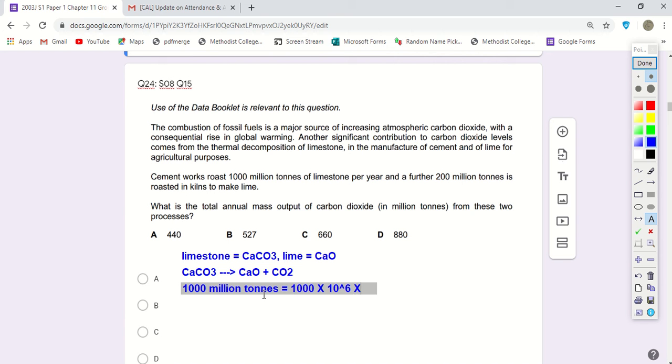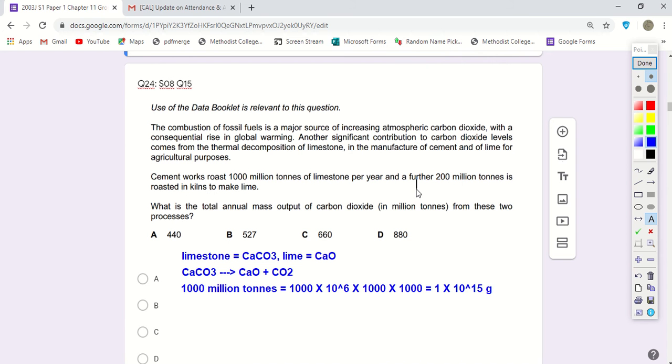Tons means 1,000 kg. So until now I found kg. Now I need to multiply by another 1,000 so that I can get the mass in gram. So if you press your calculator, you should get 1 times 10 to the power of 15 gram for 1,000 million tons.